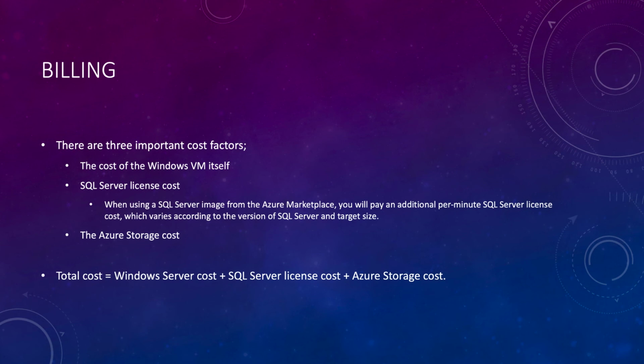When using a SQL Server image from Azure Marketplace, you will pay an additional per minute SQL Server license cost, which varies according to the version of SQL Server, whether that's a web version, a standard version, or an enterprise version. And also, the target size of the VM will play a role in the pay that you have to provide to Microsoft. Finally, you'll also pay for the Azure storage cost.